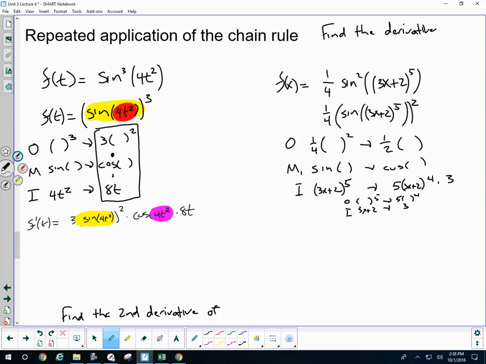Okay, so it's really 4 different functions being composed. Multiply their derivatives.